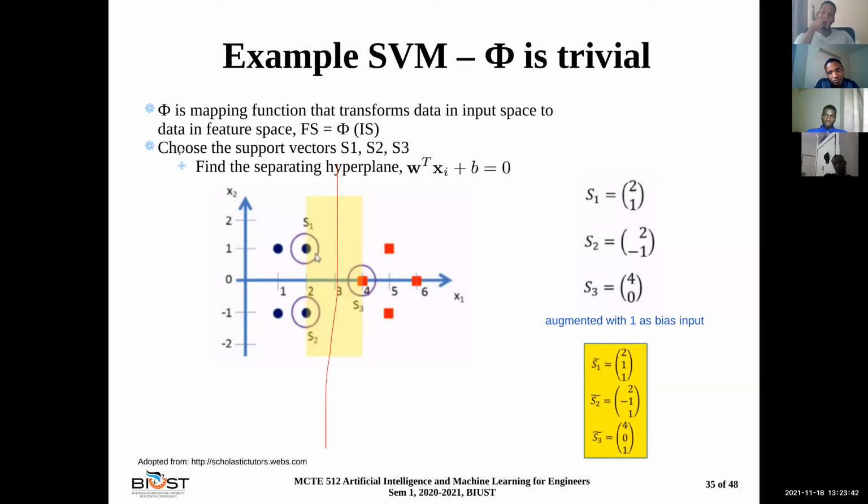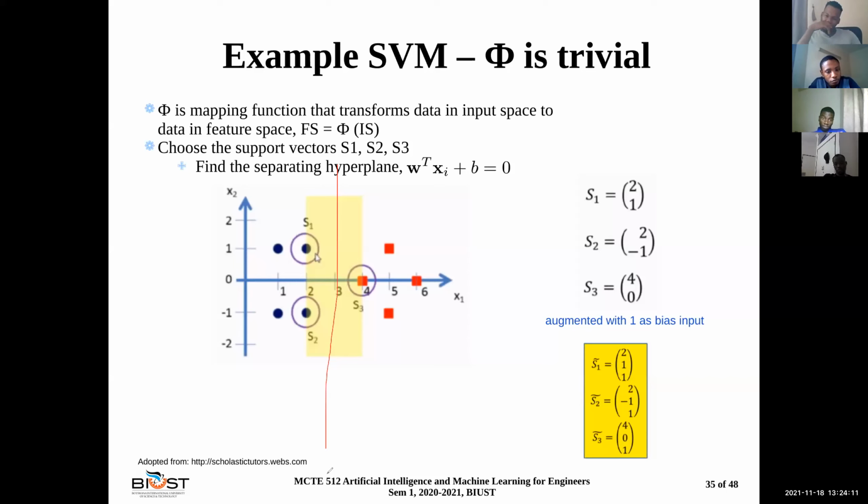Okay, let me say one more time. We say that it is trivial because the input space is where you plot our data. These are inputs. Feature space is where you classify them, where you separate your data. In our case here, because the data is linearly separable, our input space is the same as the feature space. That means we plot our inputs, and that is where we are going to separate them also.